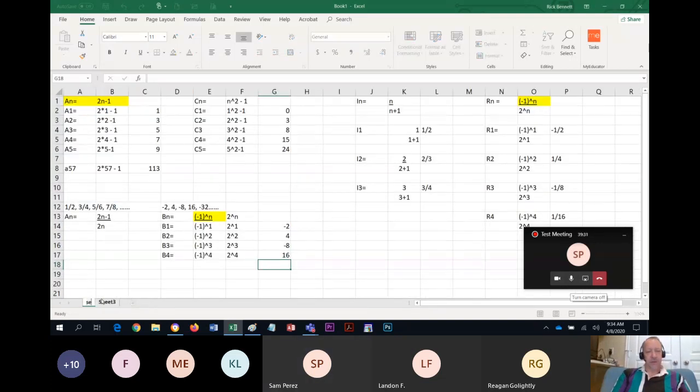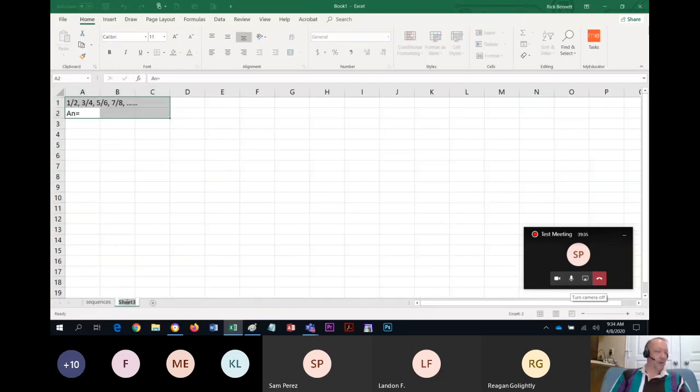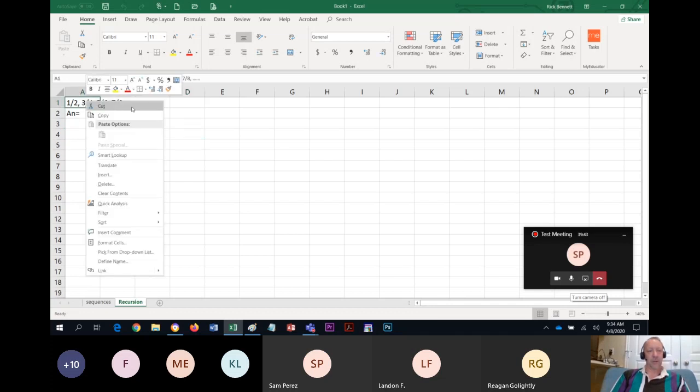So these are sequences. And then I'm going to create a new tab here, and we're going to call this recursion. Okay, and so the idea behind recursion, maybe I'll erase this.